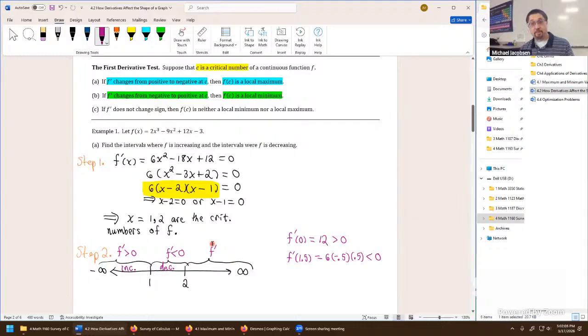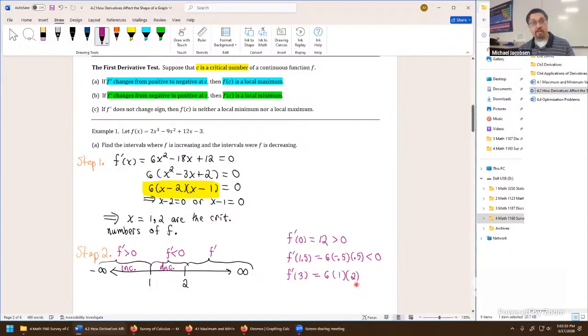This is just for the sake of being extra sure that the pattern holds, that it's really alternating. My guess is that that's positive. We'll say increasing. But let's plug in 3 and make sure that really is what happens. F prime at 3 means plug 3 here. Again, that's just the easier version to evaluate. 6 times 3 minus 2 for a 1, times 3 minus 1 for a 2.